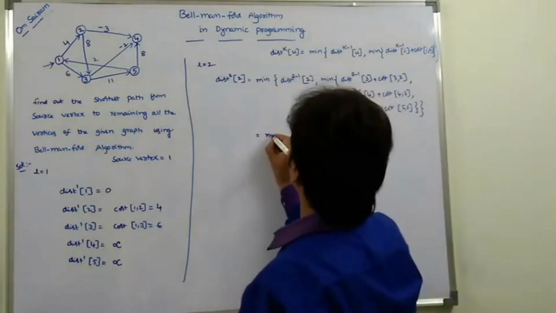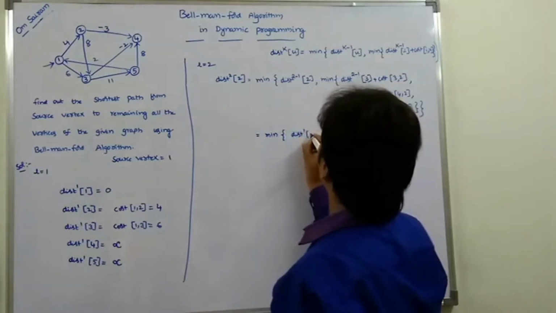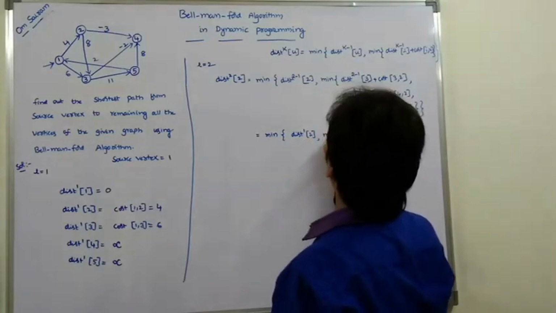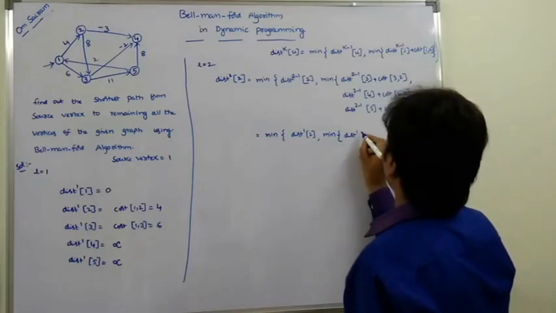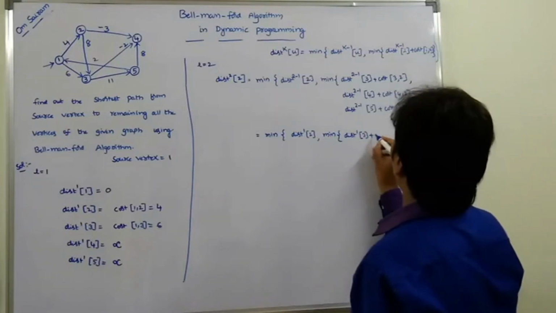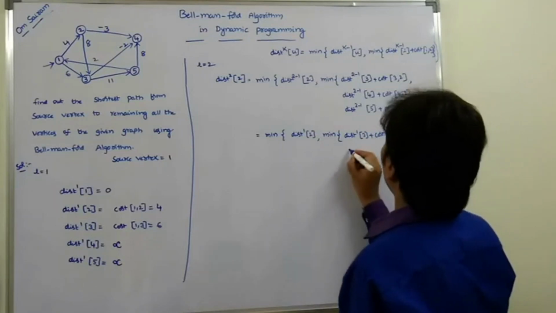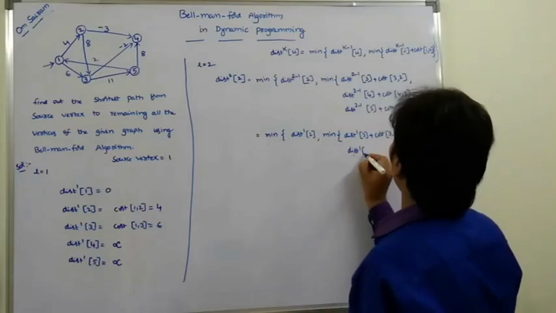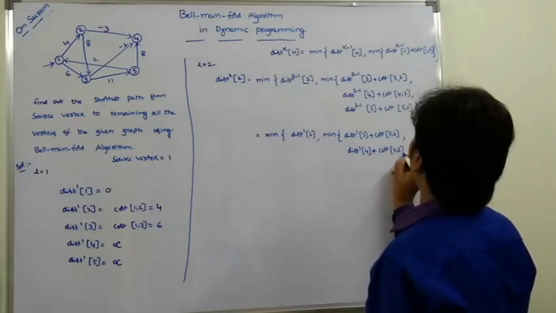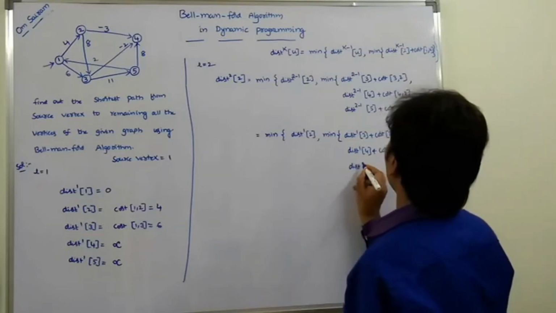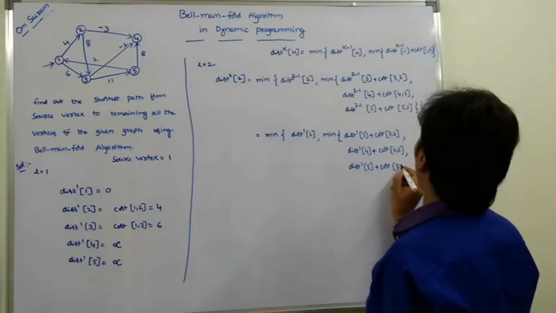So that is equal to minimum of dist1 of 2 comma minimum of dist1 of 3 plus cost of 3 comma 2 comma dist1 of 4 plus cost of 4 comma 2 comma dist1 of 5 plus cost of 5 comma 2.